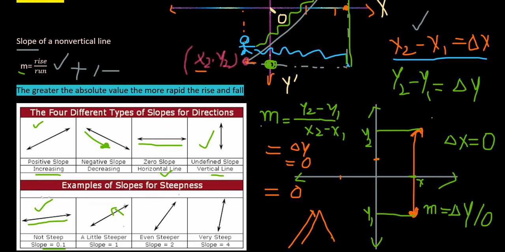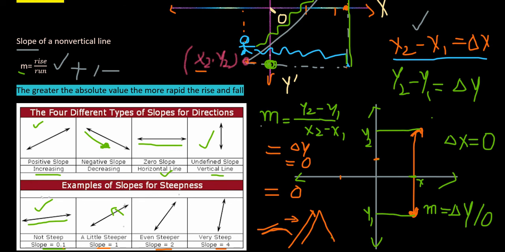And suppose it is also a mountain, but a bit less steep than this mountain. So 0.1 slope, and then 1, then the value of slope is 2, and then 4.